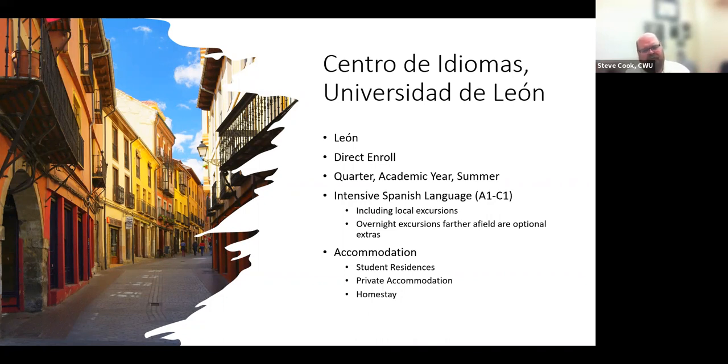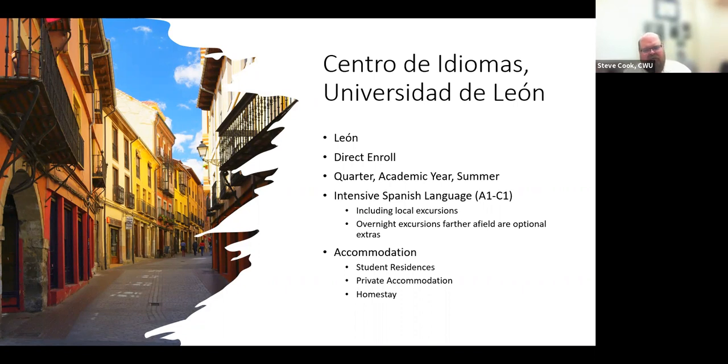So some examples of these are going to Galicia and Santiago de Compostela to see kind of the end of the Camino de Santiago. And Leon itself does sit on that path, and is part of the culture of the city. One of the other overnight excursion options historically has been to San Sebastian in the Basque Country as well.